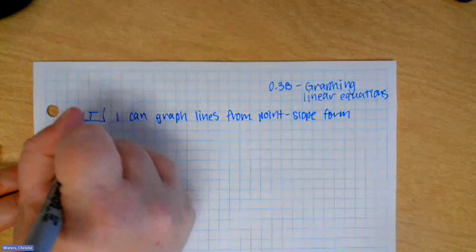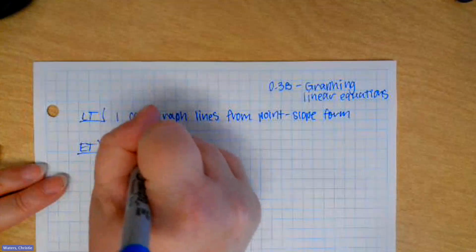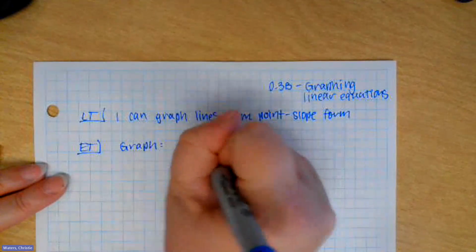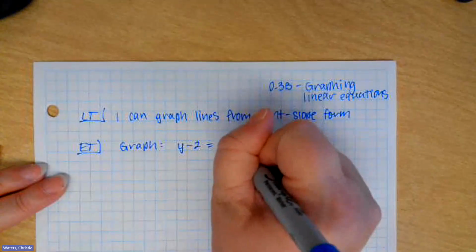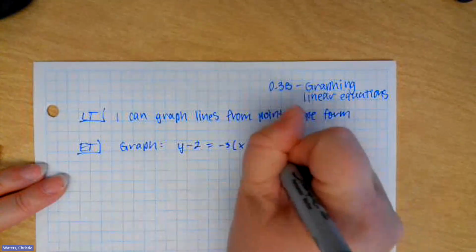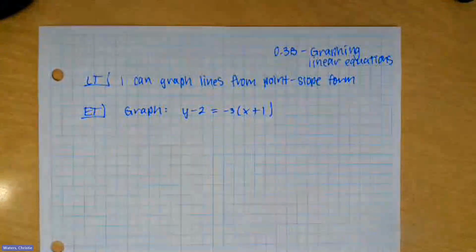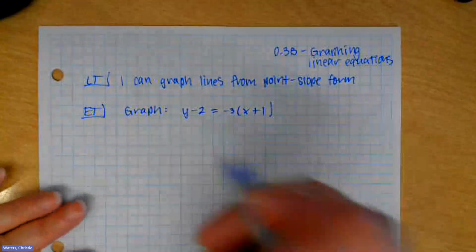So the entry task today is I would like you to try to graph this equation. So y minus 2 equals -3 times x plus 1. However, this is not something you've ever done in my class before, so I'm going to help you get started with this.